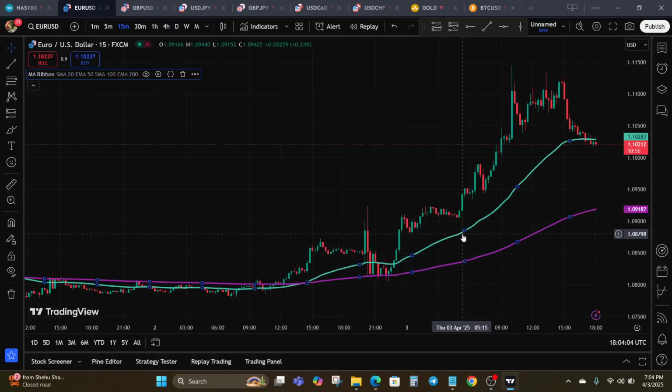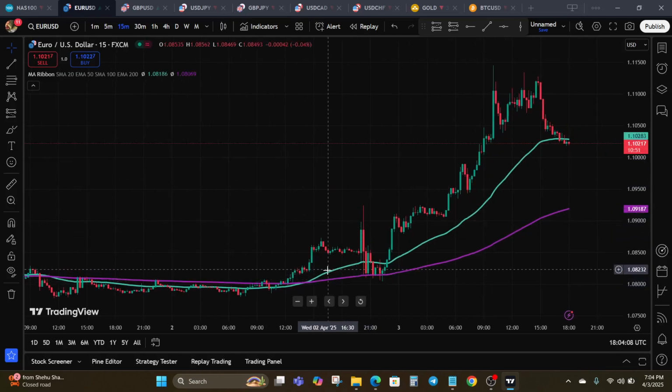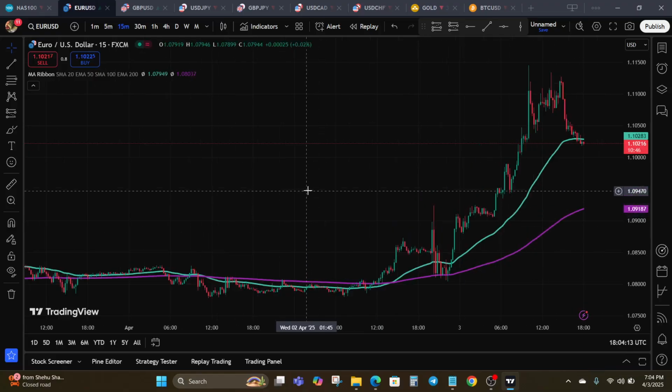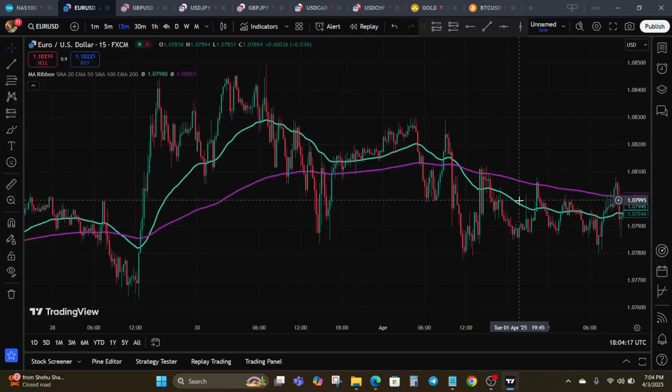So when the 50 EMA is above the 200 EMA, we are in an uptrend. Very straightforward. It's as simple as that. On the other hand, when the 50 EMA is below the 200 EMA, we are in a downtrend.